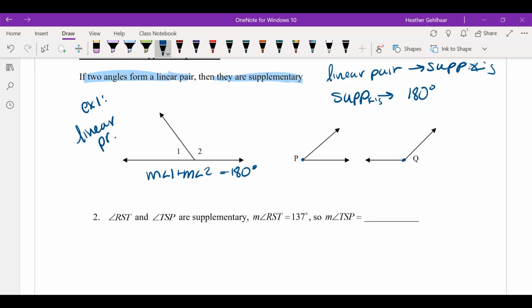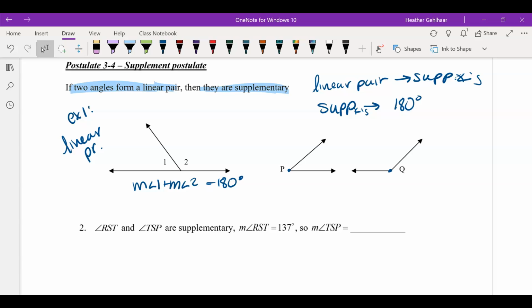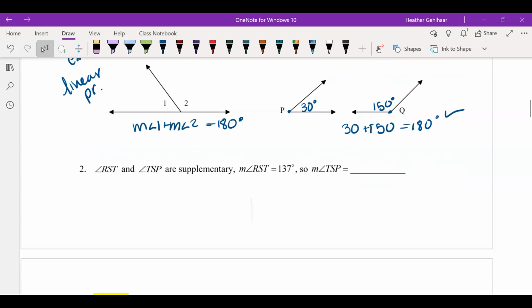So they're not touching, they're not adjacent, they're not a linear pair in this sense. But if we knew the degrees of them, so let's say this is 30 degrees and this is 150 degrees, we know 30 plus 150 equals 180. So we can say that they are supplementary angles.